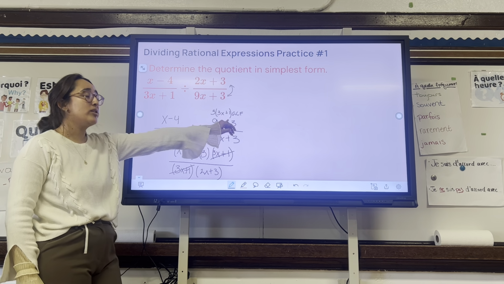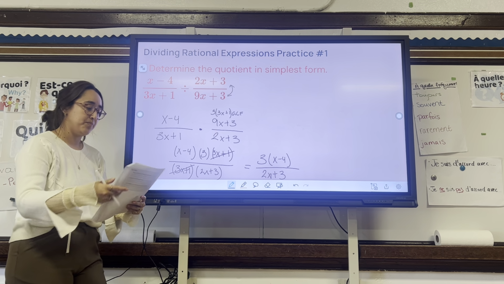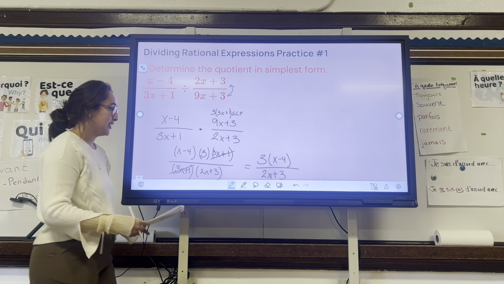But if you didn't notice that this was GCF, you wouldn't have been able to take out anything. So we get 3x minus 4 over 2x plus 3. And that's your answer. So remember, keep, change, flip, factor, cancel out. Same thing, right? The only thing with division is we added that extra step. Alright, next practice.